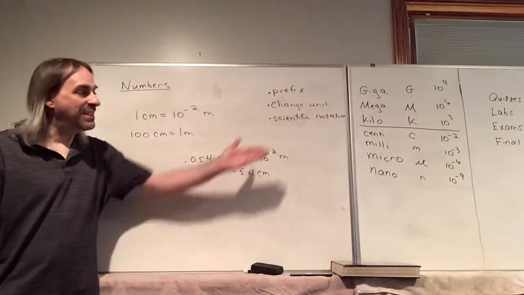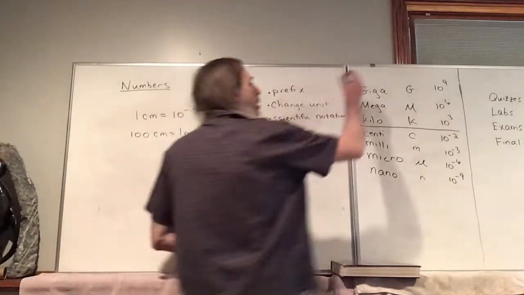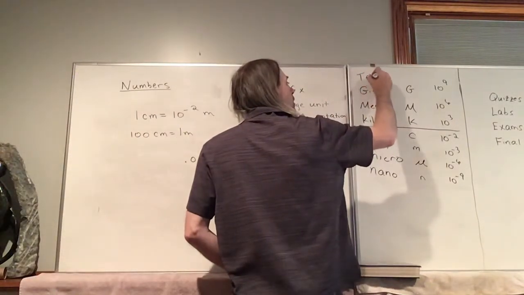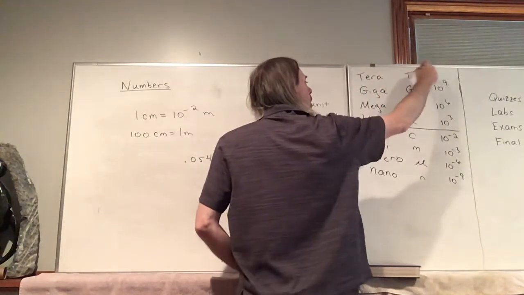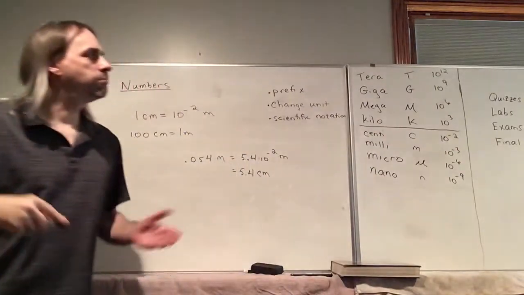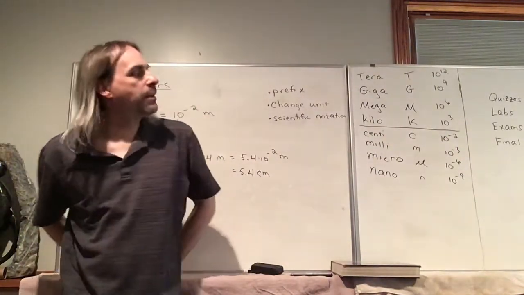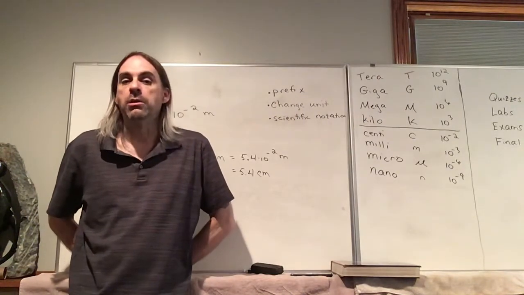And this table that I wrote down is incomplete. I could actually include another one, tera, because this one is actually used. You might have even heard of this before, probably with computers.